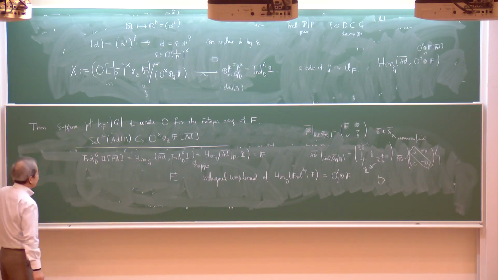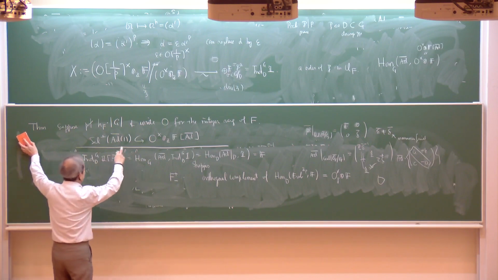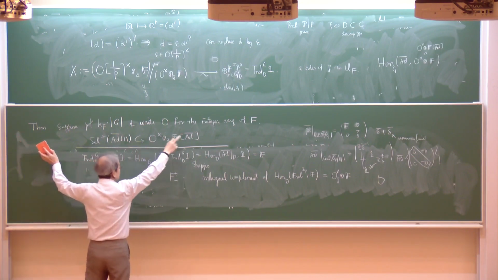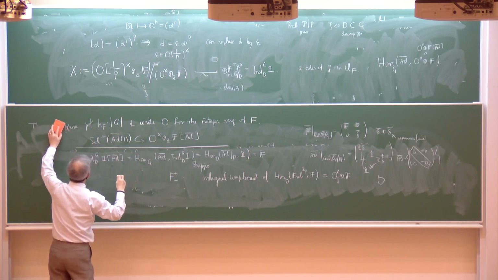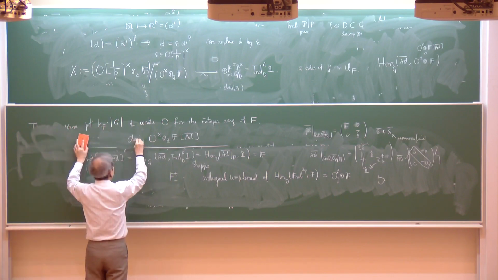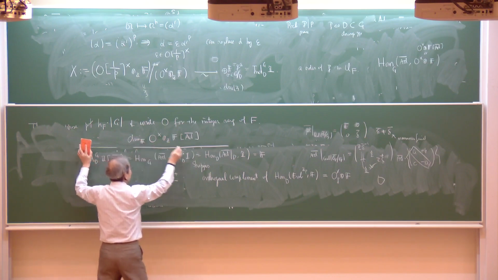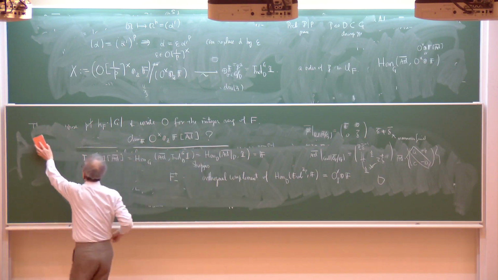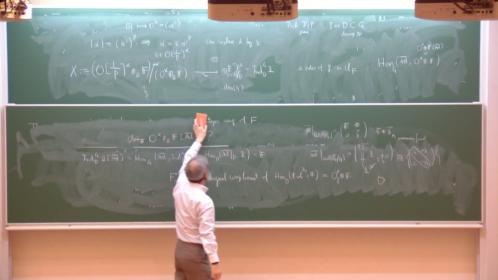Okay. So using this, I try to now compute this side. So what is, so I want to show that this guy is 1.